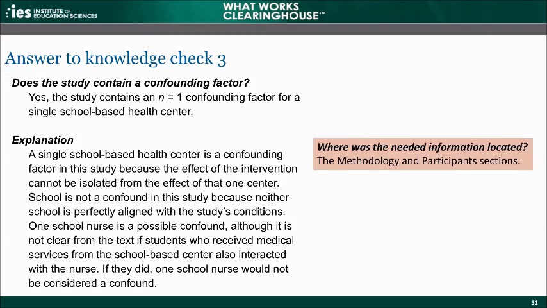If they did, one school nurse would not be considered a confound. And so now we will move to the transition to our next type of confound, and I will turn the webinar back over to Natalia.